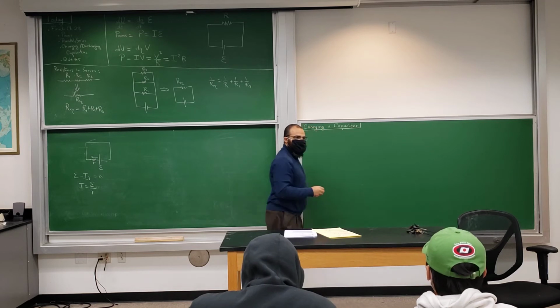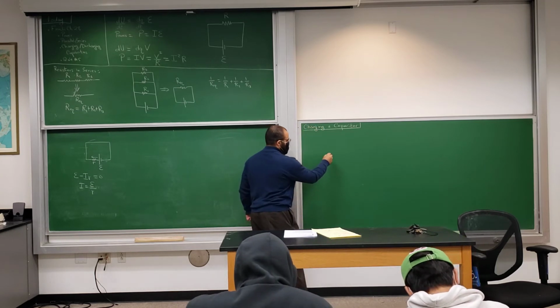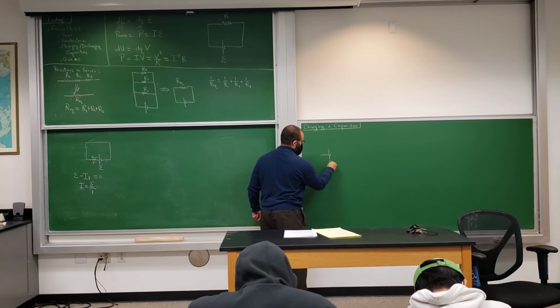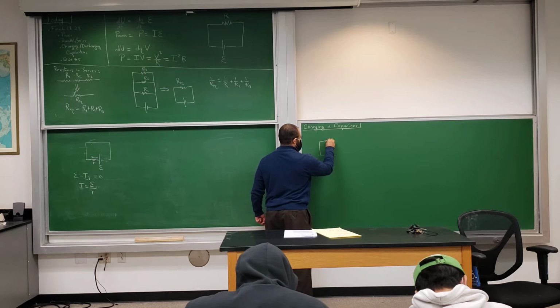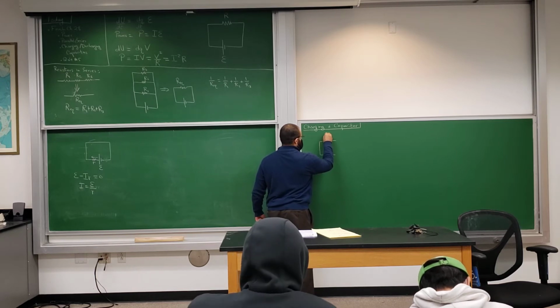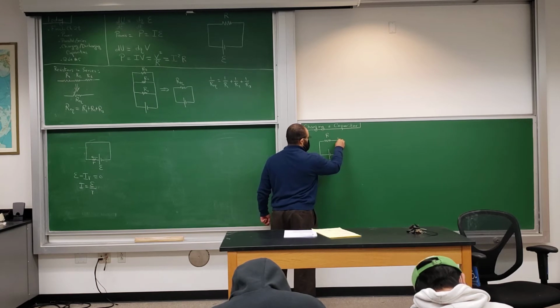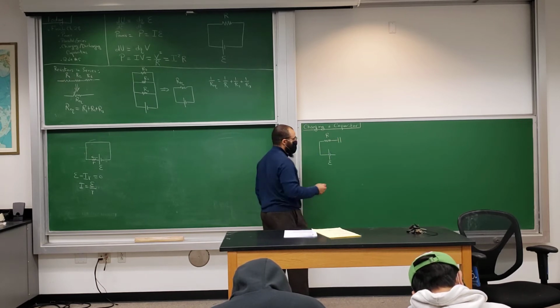So a capacitor charging looks like so. You have a battery, and it has a certain voltage. You will have a resistor, R, and then you will have a capacitor, a resistor with a capacitor.